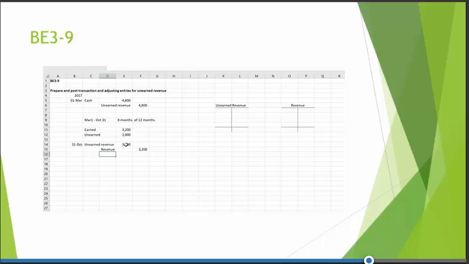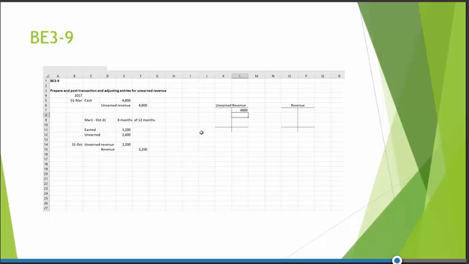Okay, so that was C, and then it asks us to use T accounts to post the entries for A and B. So they said ignore cash, but we would credit 4,800 when we set up the deposit. So we receive the deposit, we would set up unearned revenue.